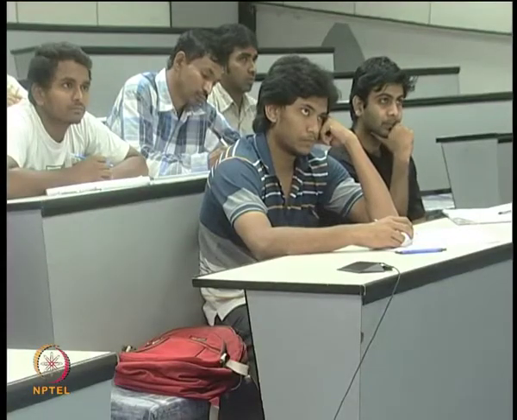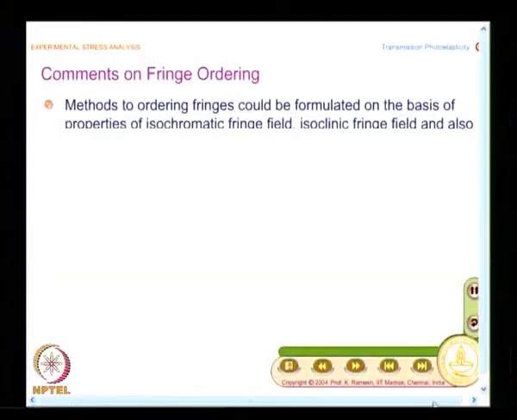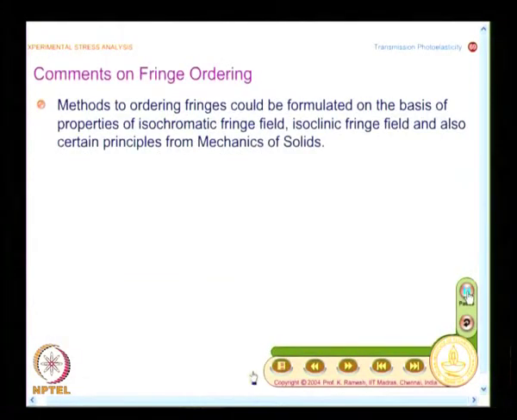So, what we have seen is we have also looked at the F sigma calculation, and now we have to go to a very important topic, which I said that I will reserve separately, is how to identify fringe orders, because I need to get fringe order n and F sigma for me to get stress values in any one of the actual problems.